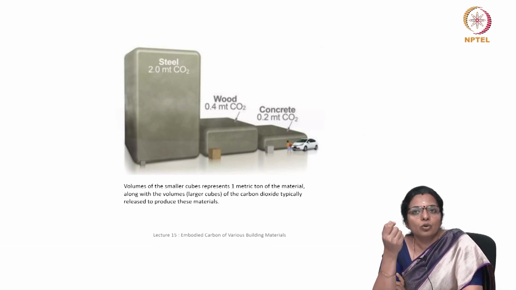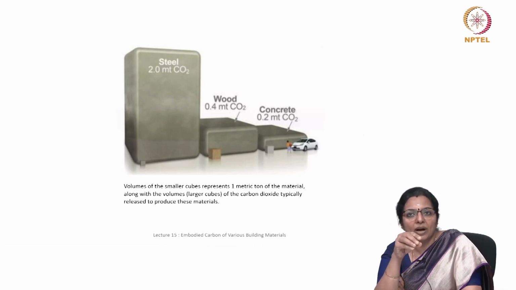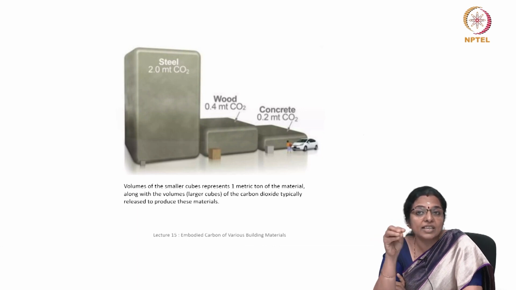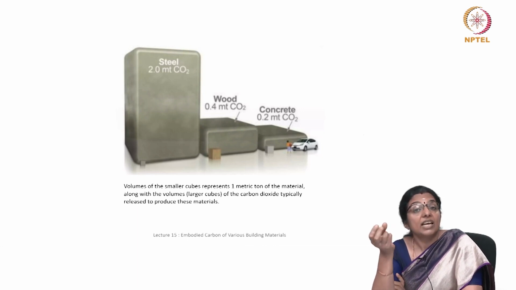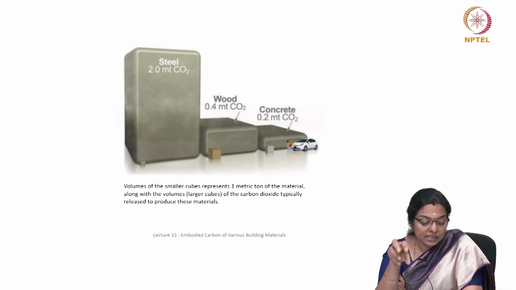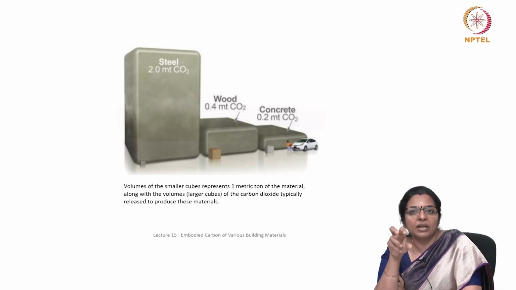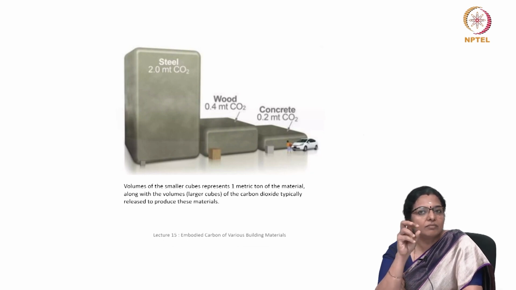Then wood. Though wood is a naturally occurring material which can be used in construction, it still has to undergo some processes in the form of being made into either planks or veneers or plywoods. If it has to undergo that process, then it still has a considerable amount of embodied carbon emissions, and most of this could come because of the adhesives that go into it.